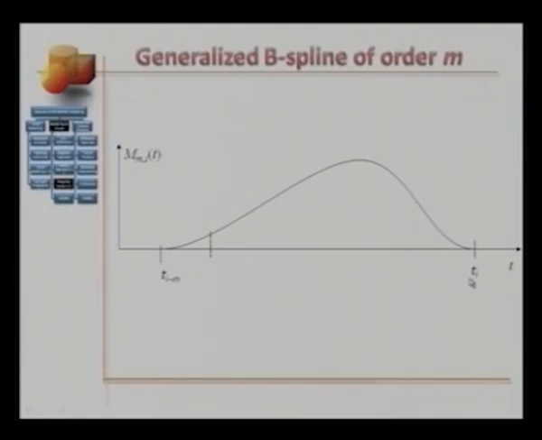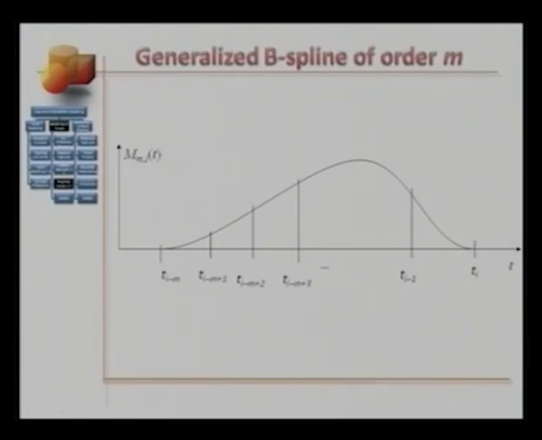Then start plotting the intermediate knots, t_(i-m+1), t_(i-m+2), t_(i-m+3), and so on and so forth up till t_(i-1), and then finally t_i, which you have already plotted.